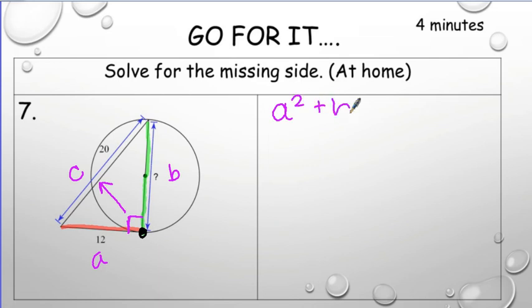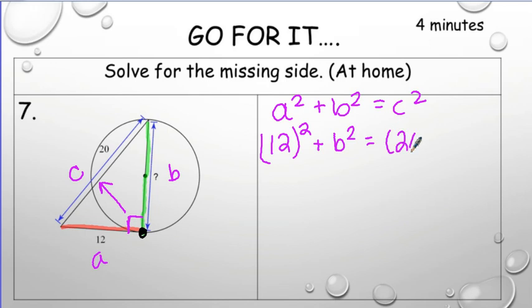A squared plus B squared equals C squared. So you get 12. Anytime you substitute into a formula, please put it in parentheses. Plus B squared equals 20 squared. So I get 144. Plus B squared equals 400.